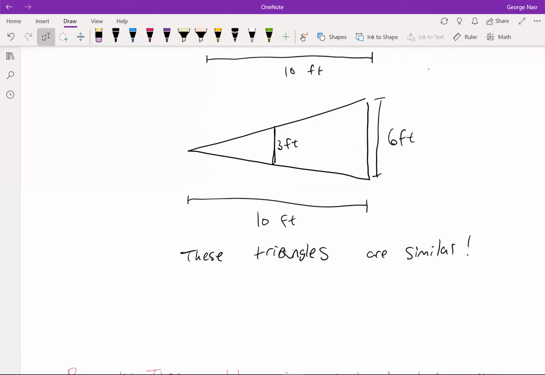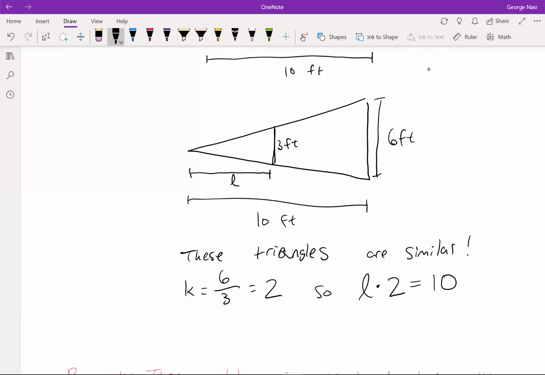And so what does this mean? For the scale factor, k, we can use the fact that we know the base of this triangle is 6, the smaller one is 3, so the scale factor is 2, which means this shorter length right here had to be scaled by a factor of 2 in order to get the bigger length of 10 for the big triangle, which means that that little girl is 5 feet away from us.